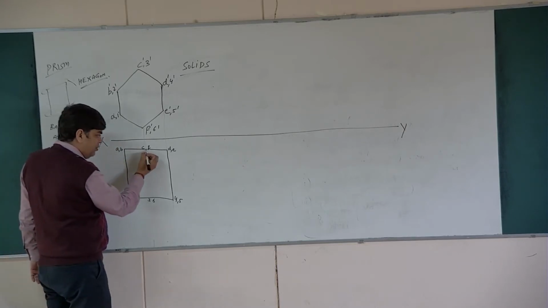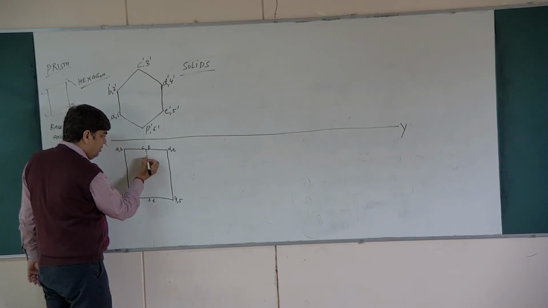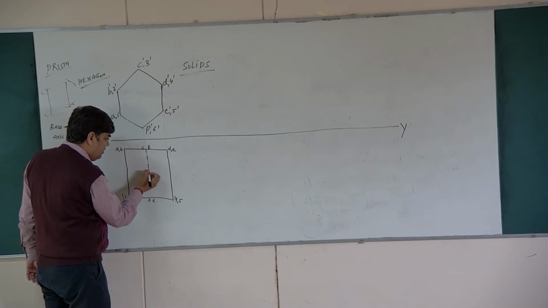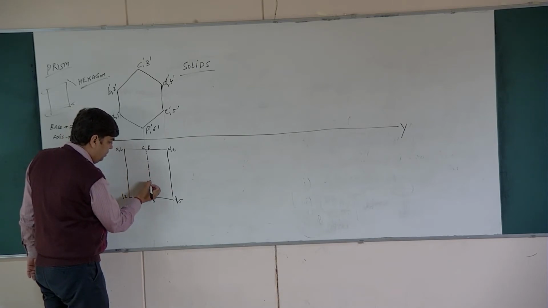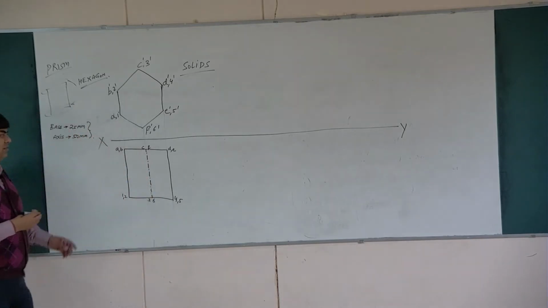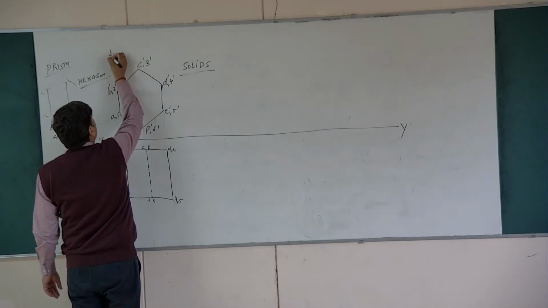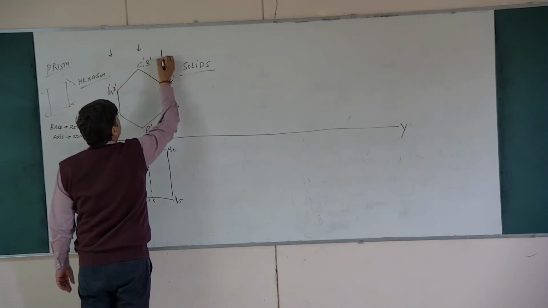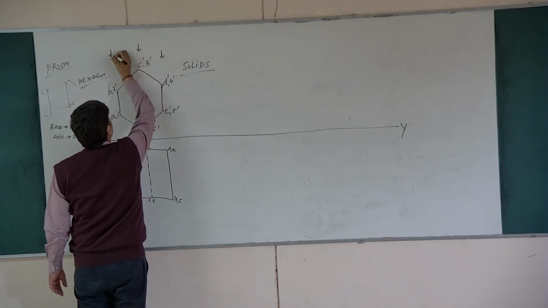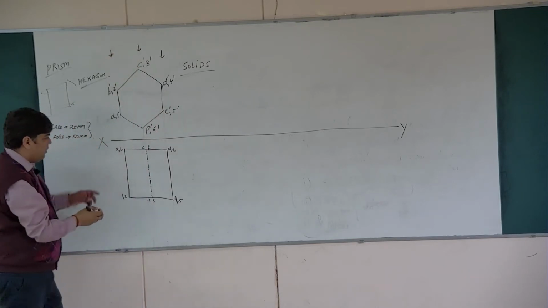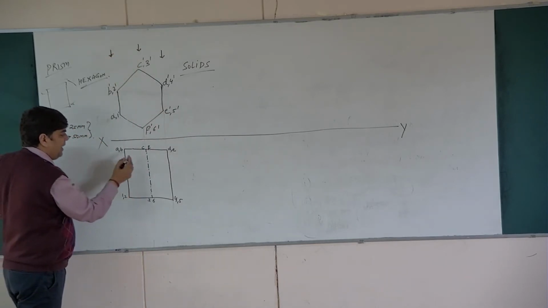Generally the axis should be drawn as dash dot dash dot. Now, how to see it from the top? If you want to see its top view, first of all we should know the axis length.